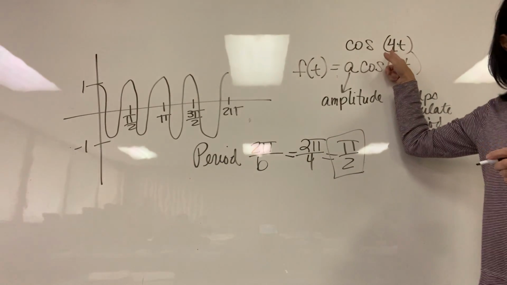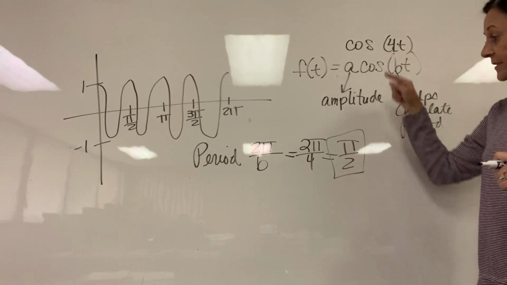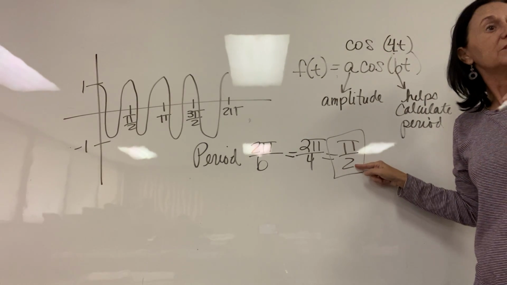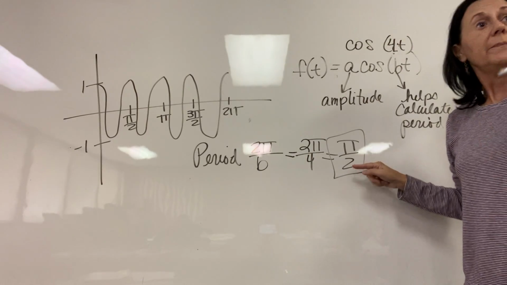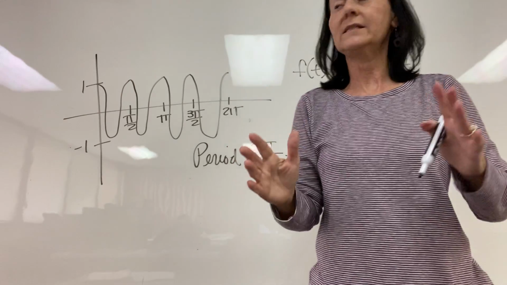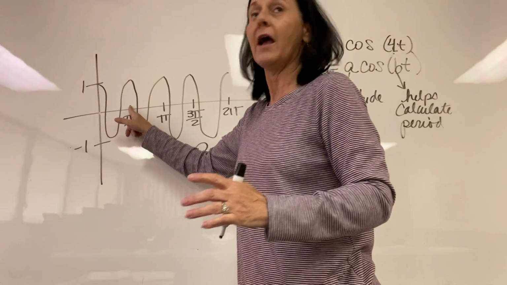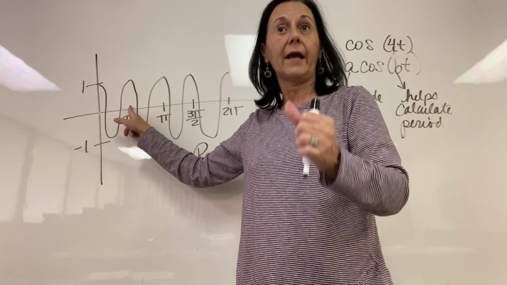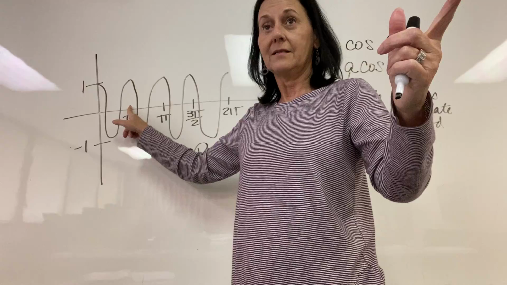So 4 cycles between 0 and 2 pi, but to complete one cycle, which is the period, is going to be pi over 2. So the period tells me how long it takes to complete one cycle. And so I should expect between 0 and pi over 2 to see one complete cycle of the cosine curve. Make sense?